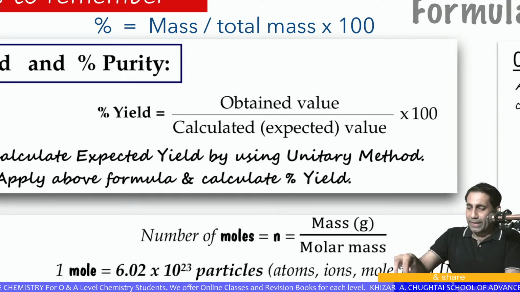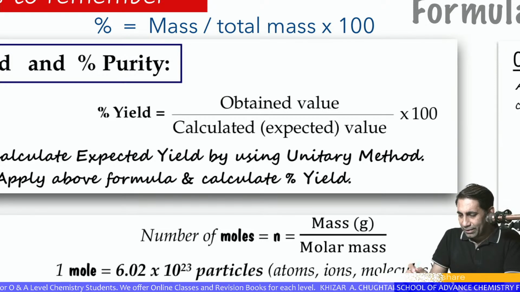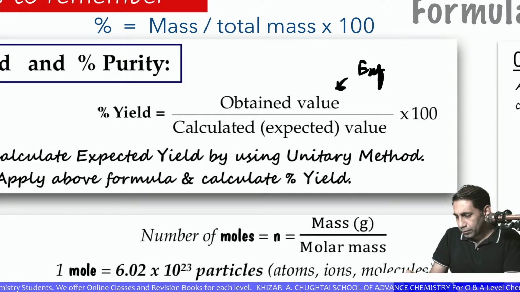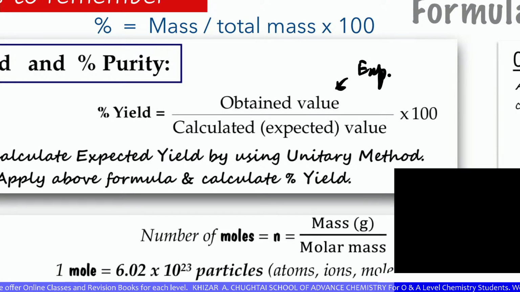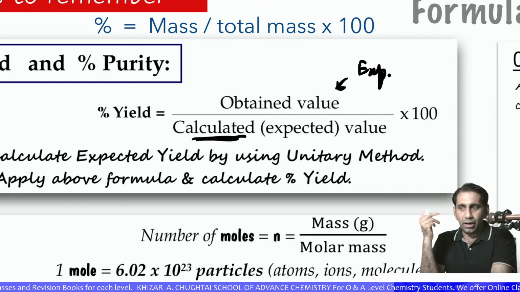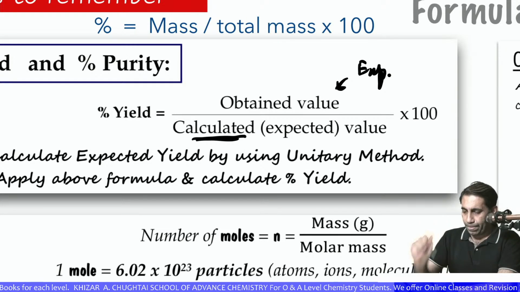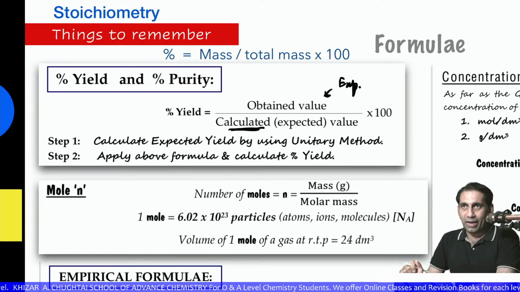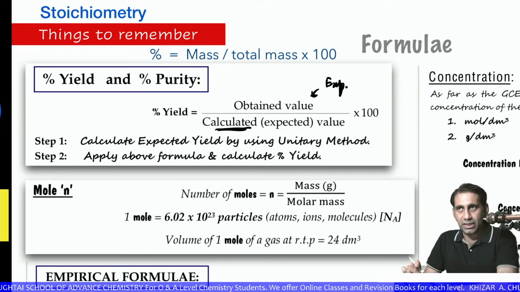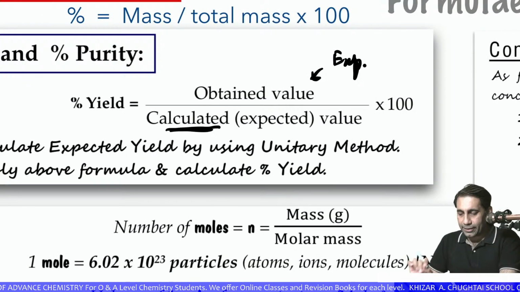Obtained value is basically the experimental value, and it's a calculated value. It's calculated with the help of the unitary method or calculation, that is said to be the ratio, proportion, and so on. So whenever you are going to encounter a question of percentage yield or percentage purity, you will have to use this one formula. Just keep it in your mind.